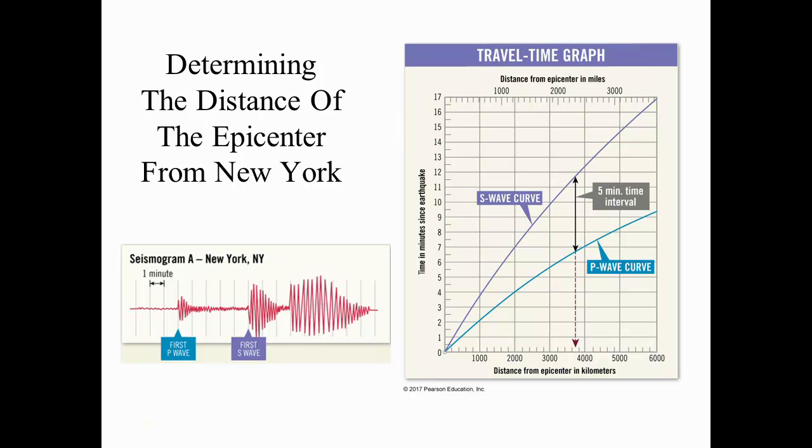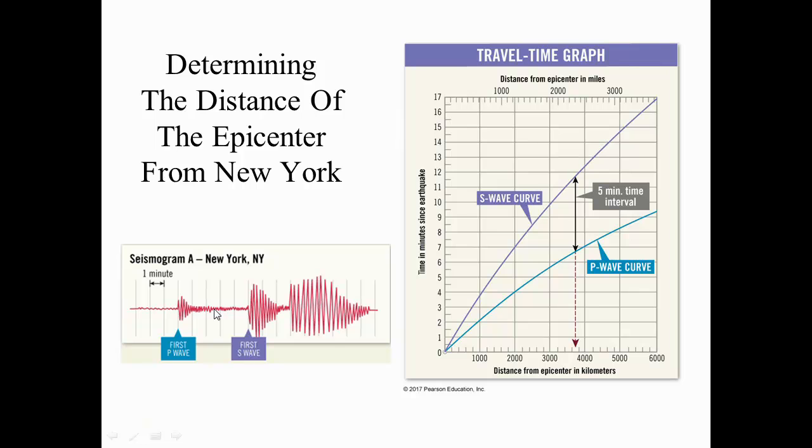So let's determine the distance of the epicenter from New York. Looking at seismogram A from New York in the left part of the figure, we see the position of the first P wave and the first S wave.